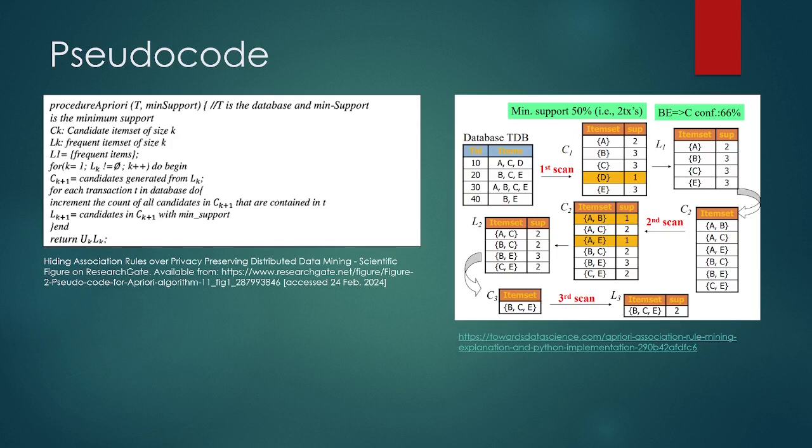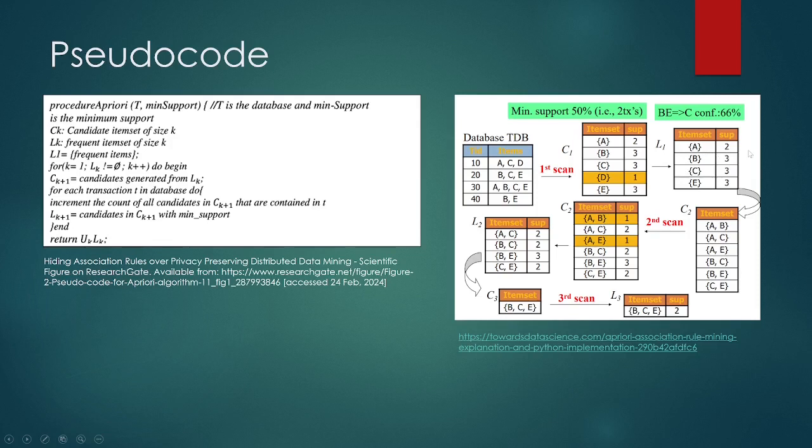This is the pseudocode. There are two types of item sets in this code. One is C, which is candidate item set. Another one is L, which is frequent item set. Now this set has to pass the threshold. So the minimum threshold that they have set is 50%. So in this, D is eliminated and now frequent item set is created.